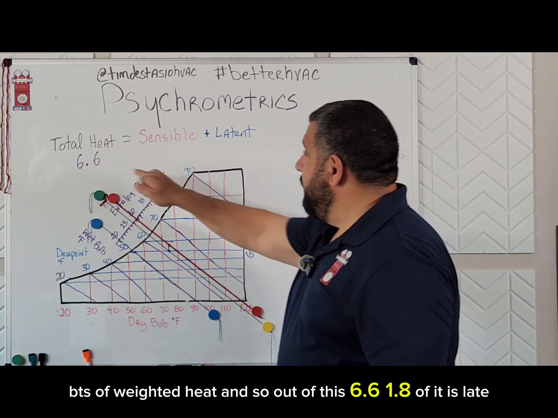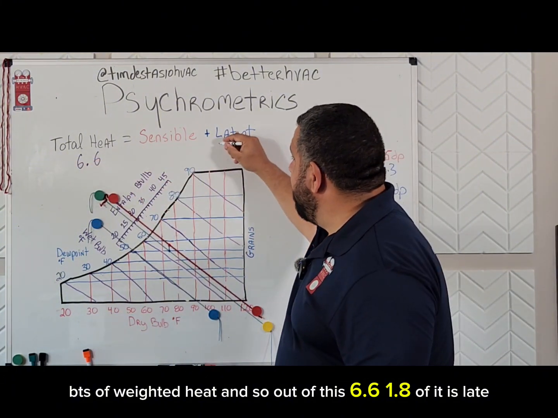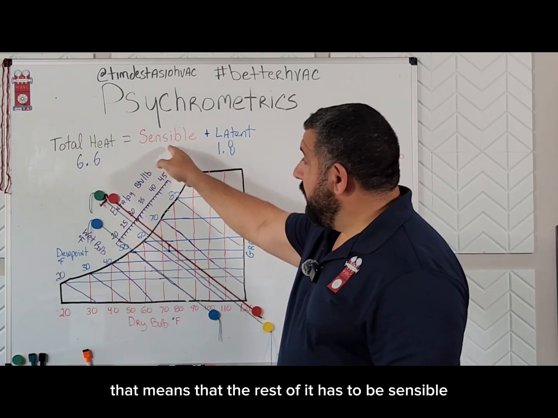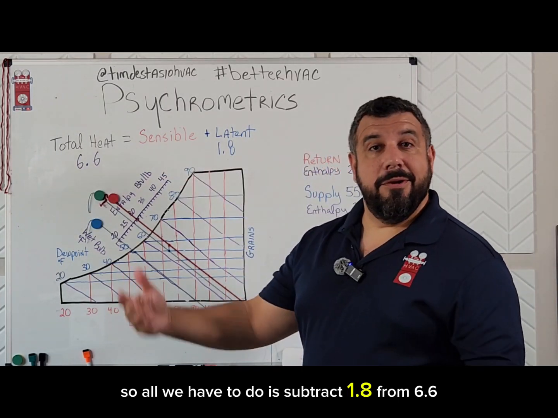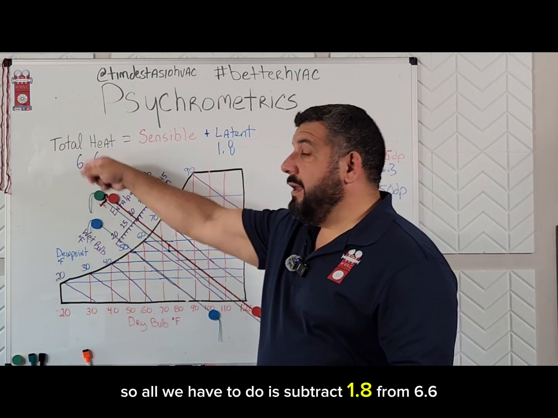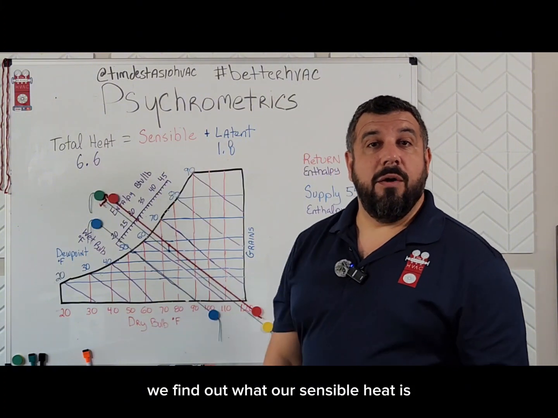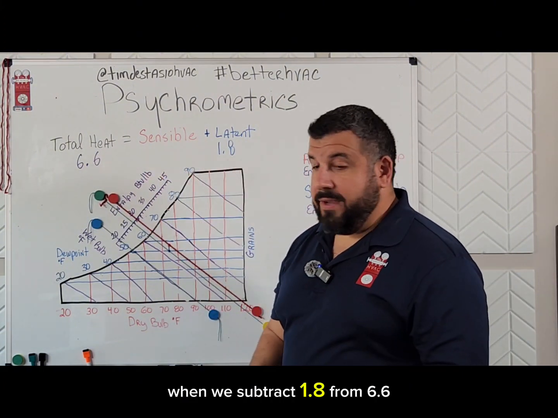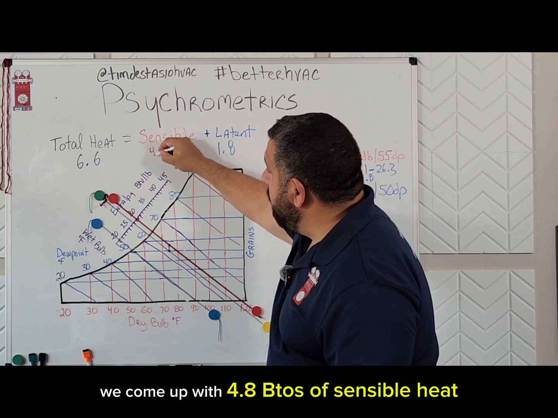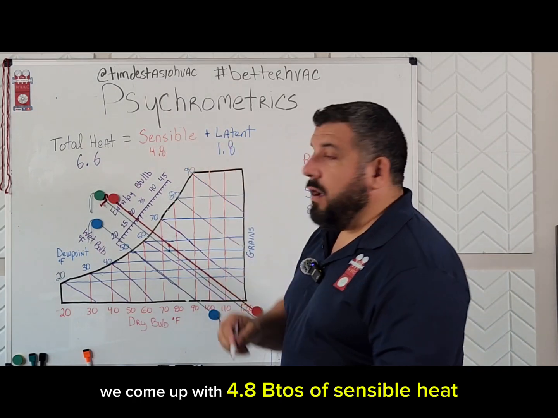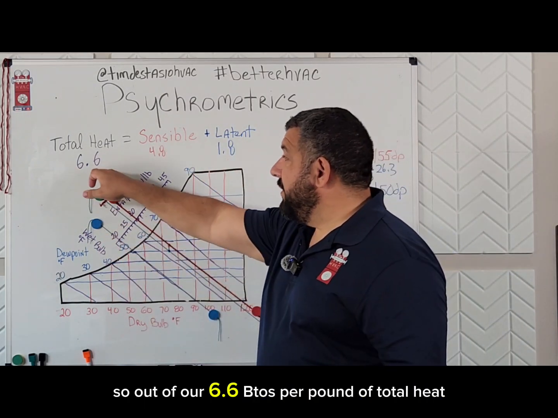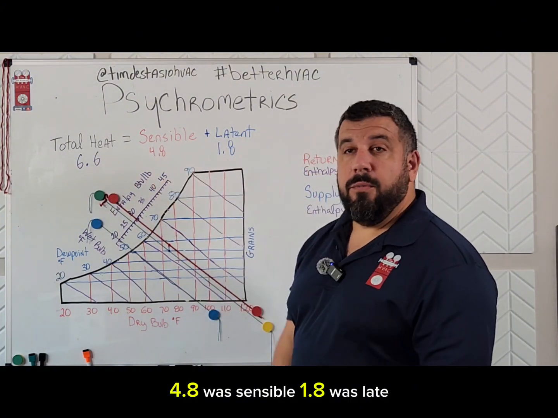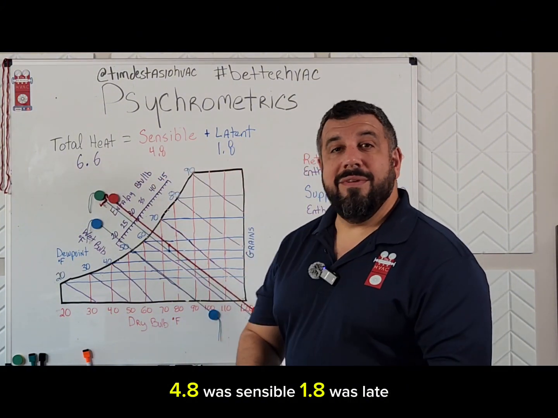And so out of this 6.6, 1.8 of it is latent. That means the rest of it has to be sensible. So all we have to do is subtract 1.8 from 6.6, and we find out what our sensible heat is. When we subtract 1.8 from 6.6, we come up with 4.8 BTUs of sensible heat. So out of our 6.6 BTUs per pound of total heat, 4.8 was sensible, 1.8 was latent.